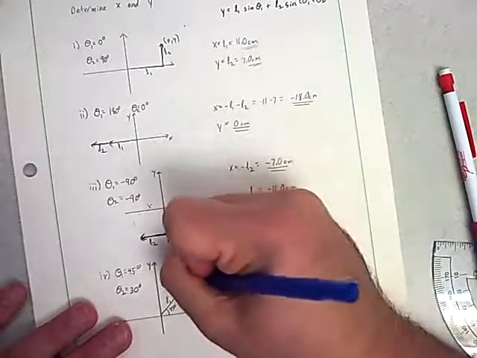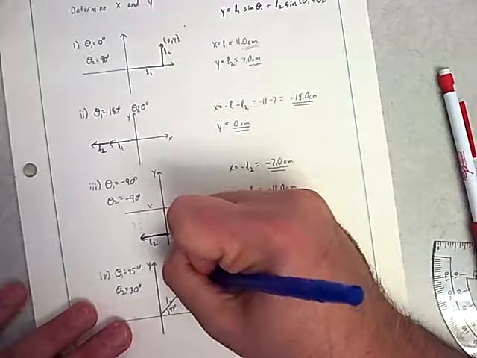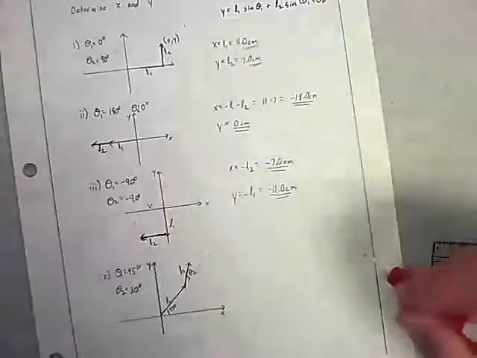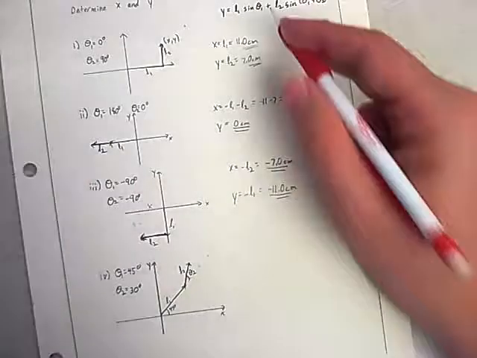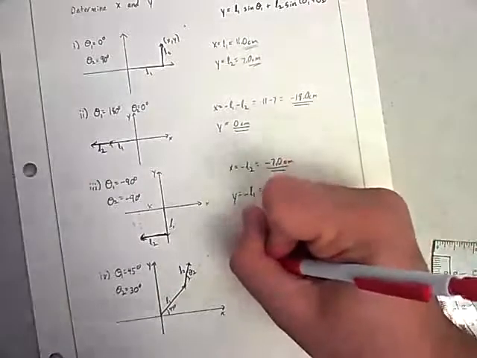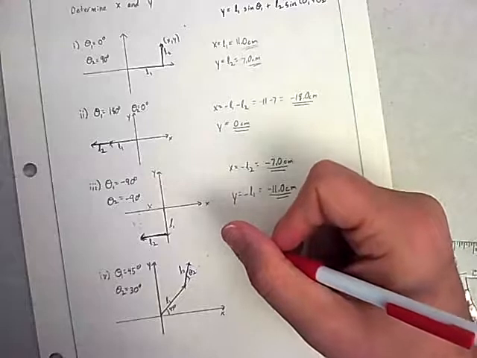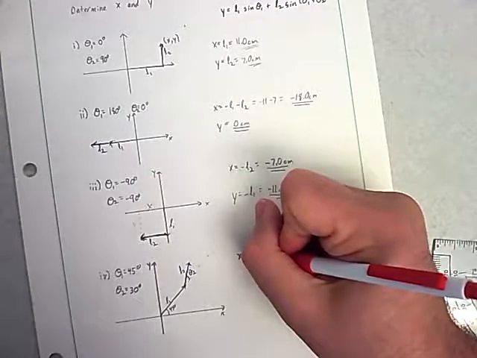L2, and this part is theta 2, which is 30 degrees. So we remember from our equation above that x is going to equal L1 times cosine of theta 1 plus L2 times cosine of theta 1 plus theta 2.